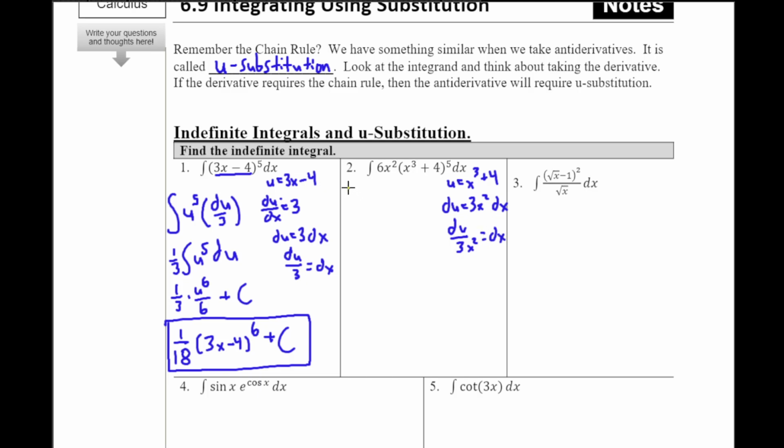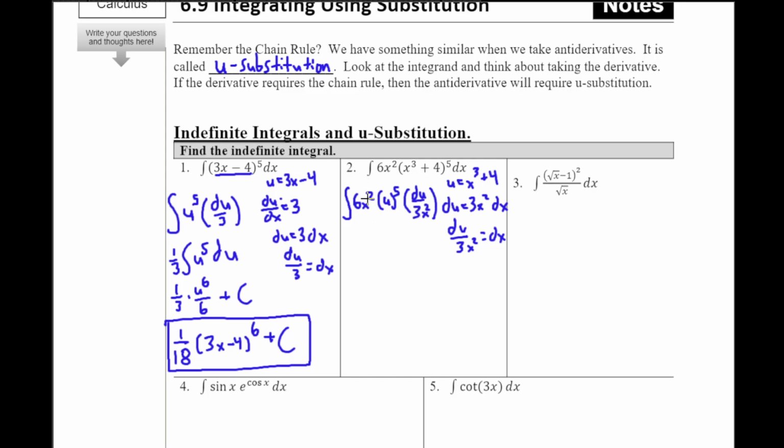So if we plug this in here now, right? Well, can't do anything with this 6x squared. Instead of x cubed plus 4, we have u to the fifth power. But dx is du over 3x squared.